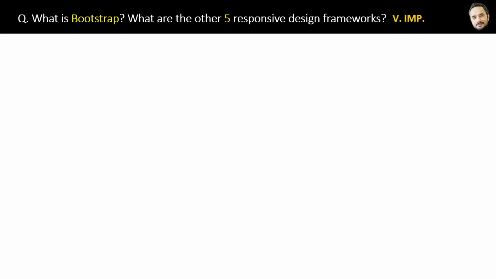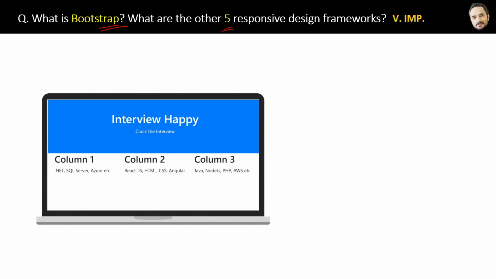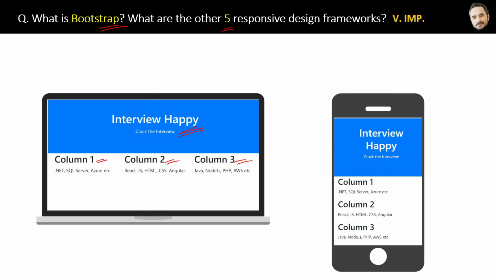What is Bootstrap? What are the other 5 responsive design frameworks other than Bootstrap? Very simple. Suppose you have a website that opens on a laptop, something like this. Here we have the website header, and then below we have 3 section columns side by side. Now Bootstrap is the CSS framework that, if you use it, the same website will open something like this on a mobile device.